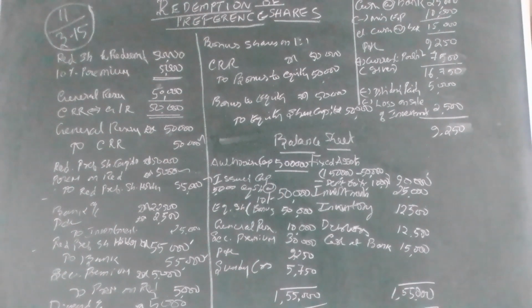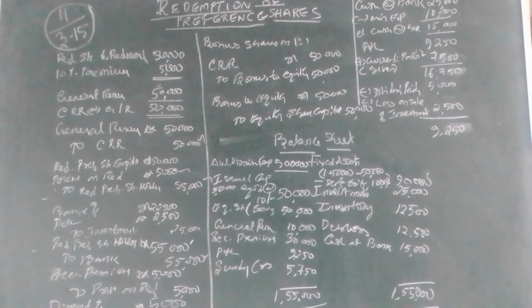All the given information is accounted, and we have to prepare the balance sheet. For the preparation of the balance sheet, you are given redeemable preference shares. Now that one is redeemed, so it will not be in the new balance sheet. In the existing balance sheet, you have 5,000 equity shares of rupees 10 each.